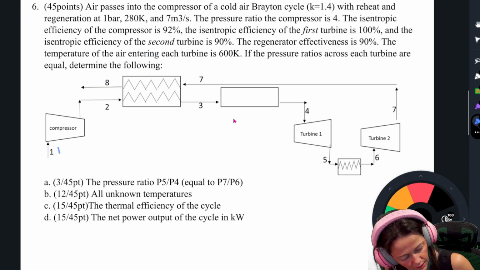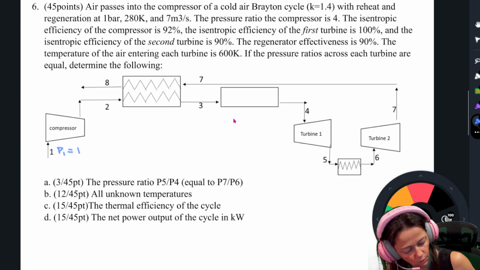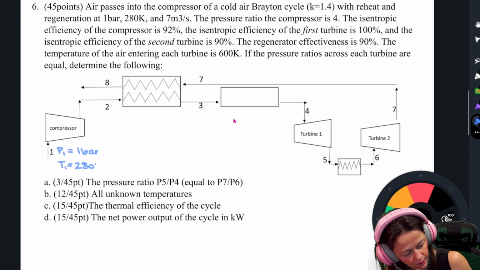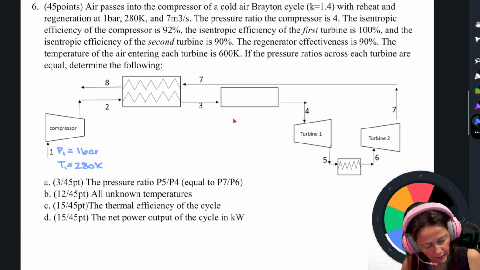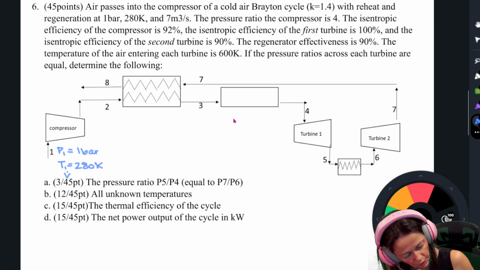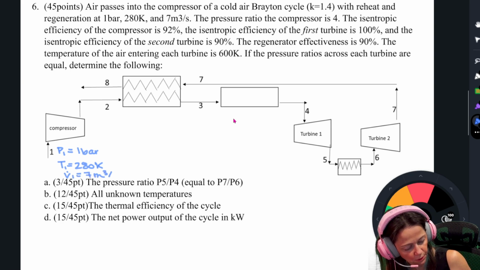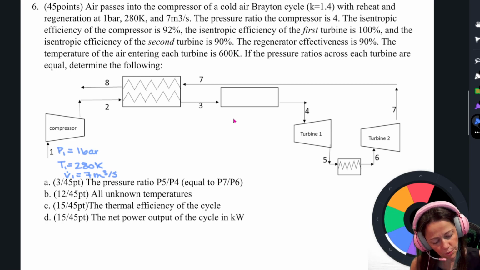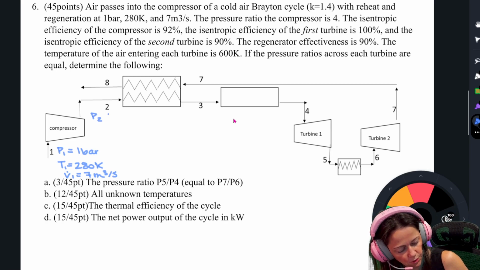We're coming in at P1 of 1 bar, T1 of 280 Kelvin. And then we've got a volumetric flow rate, V dot 1, of 7 meters cubed per second. The pressure ratio, P2 over P1, is 4.